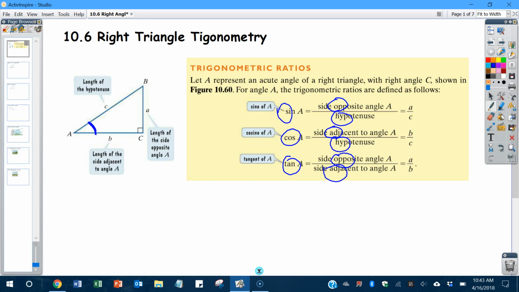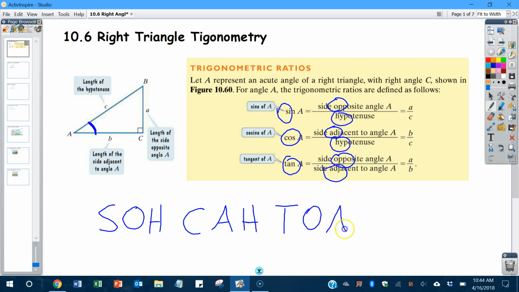That makes a nice little mnemonic where the sine is the opposite over the hypotenuse, the cosine is the adjacent over the hypotenuse, and the tangent is the opposite over the adjacent. We call that SOHCAHTOA. Doesn't really mean anything, but it's not as hard to remember as all these formulas here.